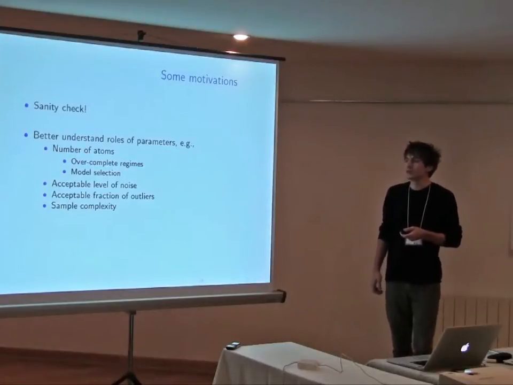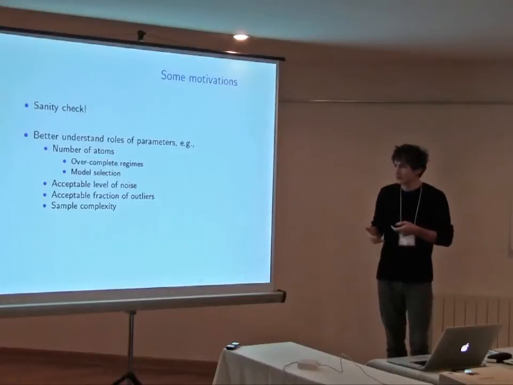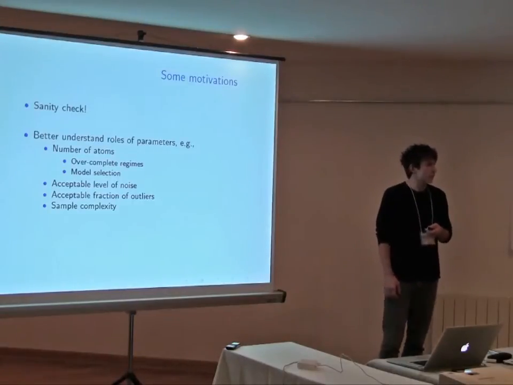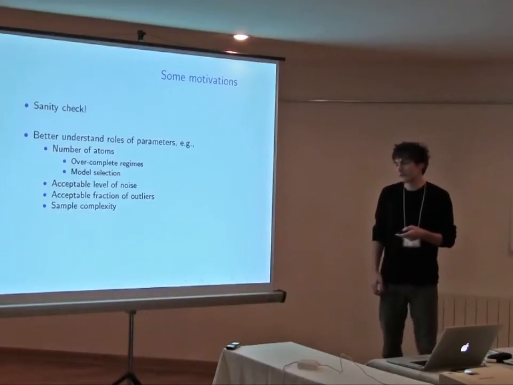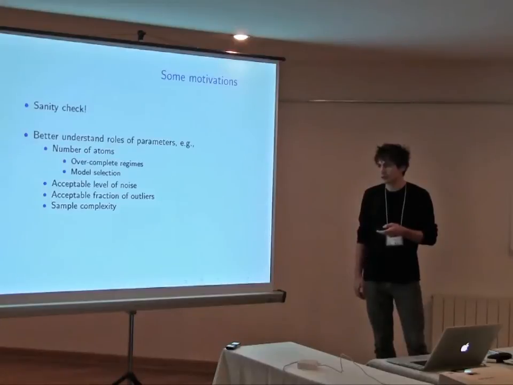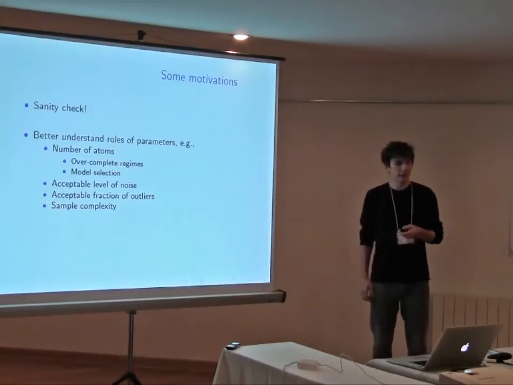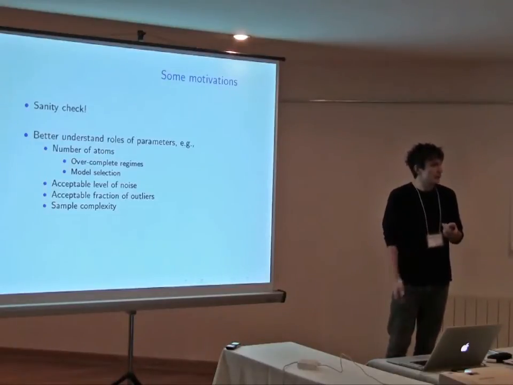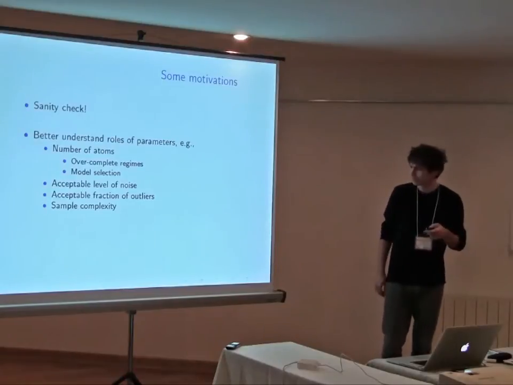It would also be interesting, through the non-asymptotic analysis, to better understand what is the level of noise and the fraction of outliers that can be acceptable in this context. And in the same way, perhaps as a guideline for some practitioners, it would be interesting to understand the sample complexity of sparse coding, in the sense that it will help to know how many signals I need to hope to learn a good dictionary, basically.